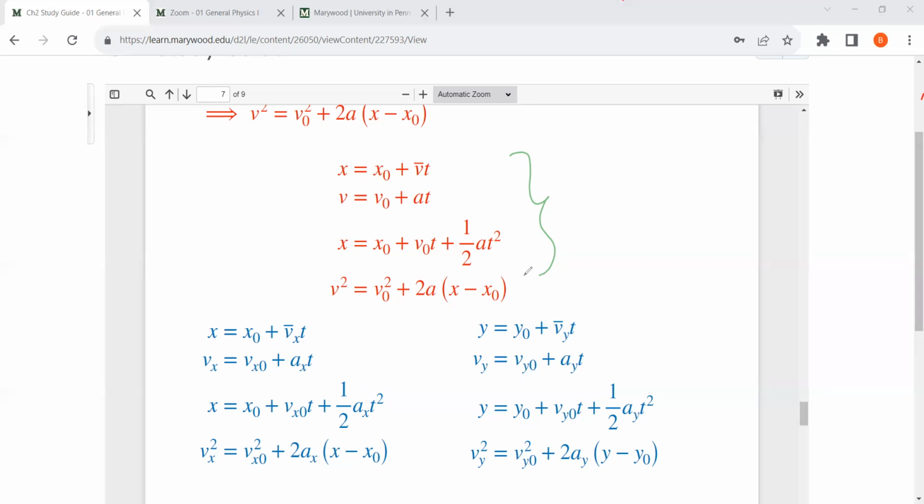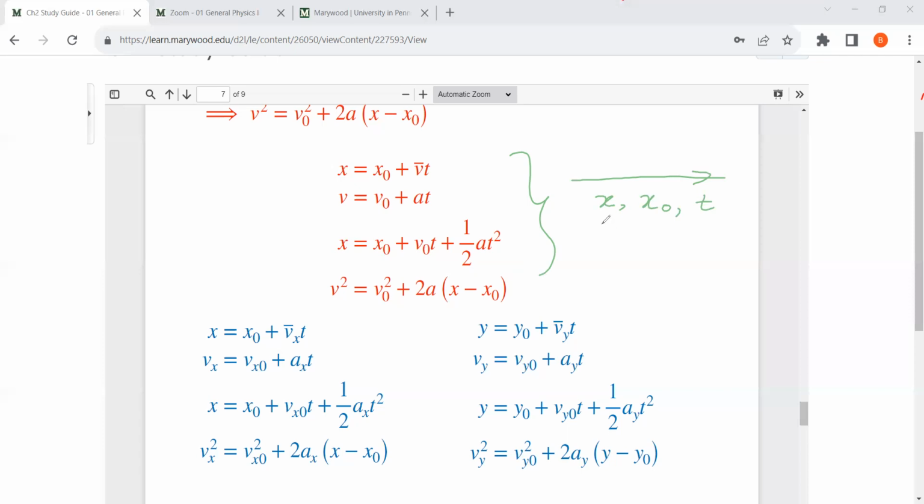So here, let's say our object is moving in this direction, that means in the x direction. Let's say x is the final position of the object, x0 is the initial position of the object, and t is just the running time.